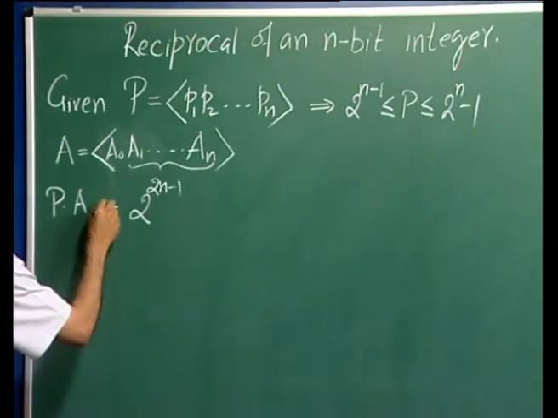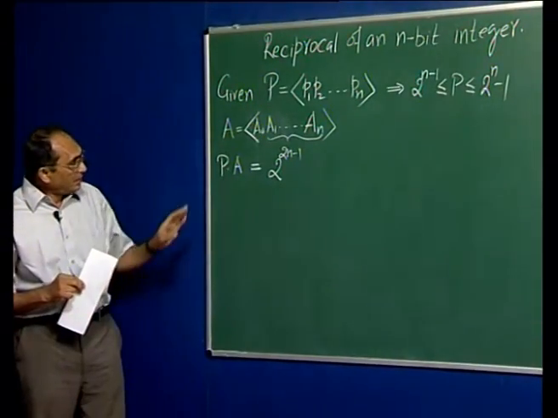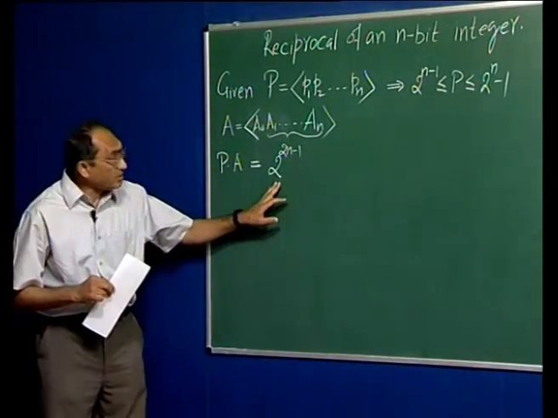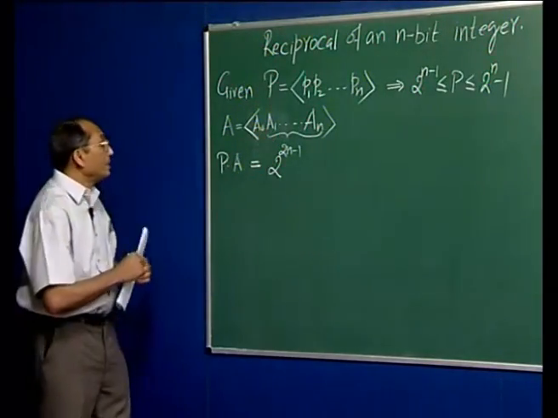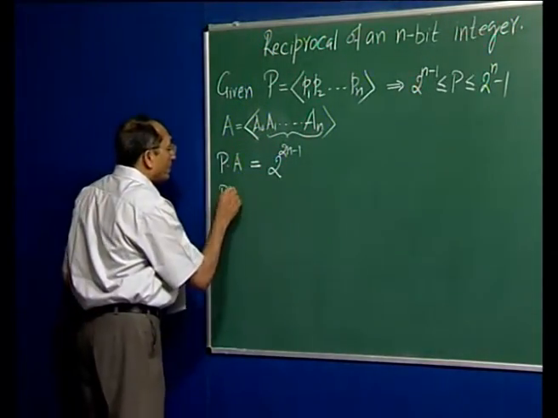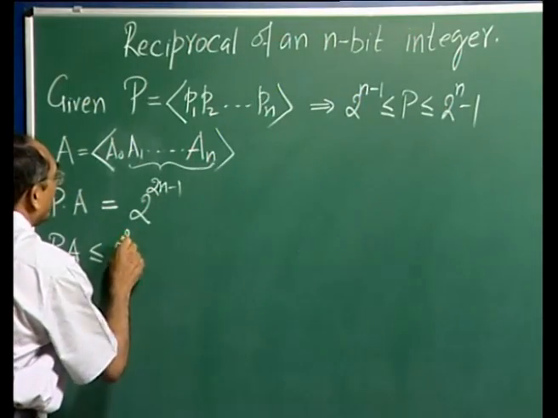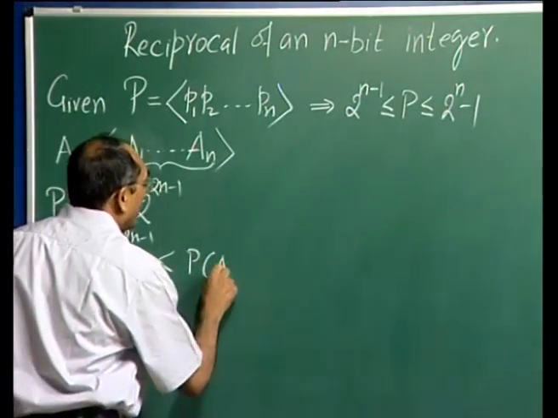So we will now try to decide an algorithm which computes a such that this is as close to this as possible. Remember that this is not an exact number, so we hope that we will compute a such that p a is less than or equal to 2 to the power 2n minus 1, but strictly less than p (a plus 1).